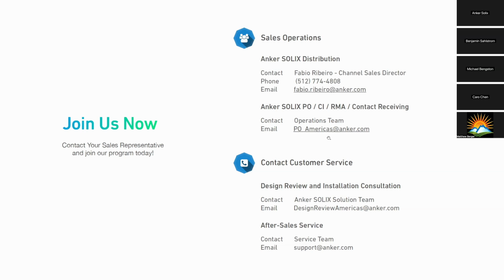And then for customer support, we have a dedicated customer support team down here, support@anker.com. And we also have a design review America's account as well. So when you guys have your single line diagrams, you can submit them to us to review, and we can help you make sure that everything's been set up correctly per our standards.